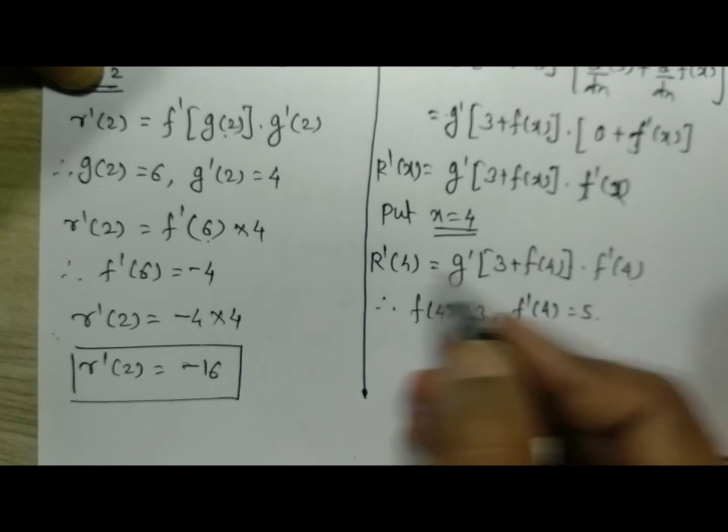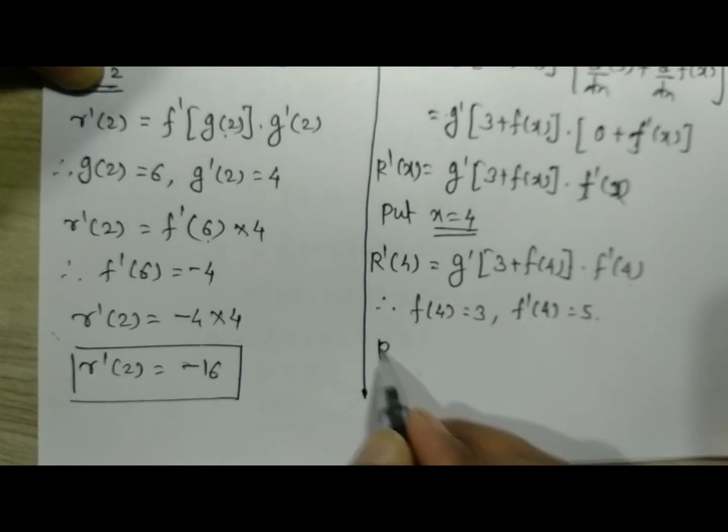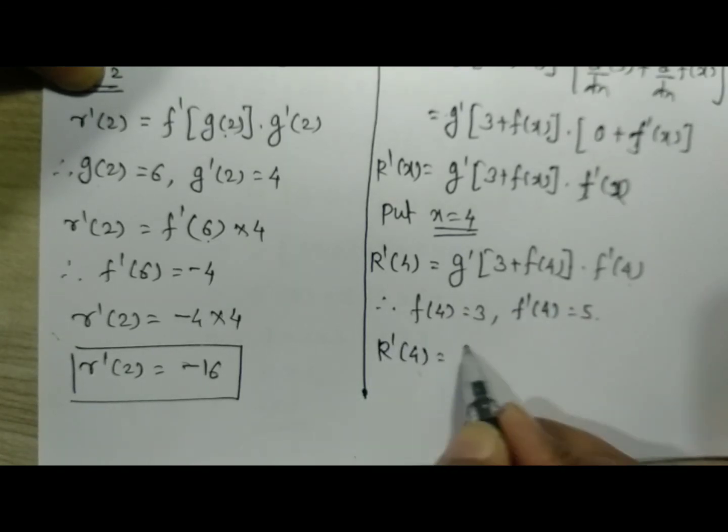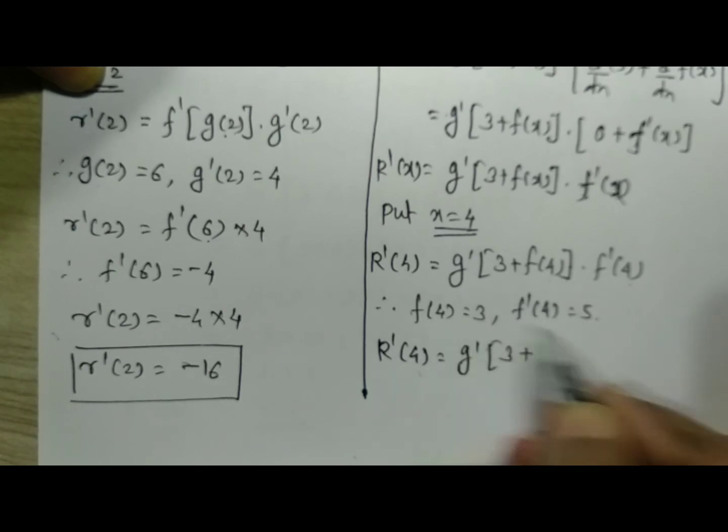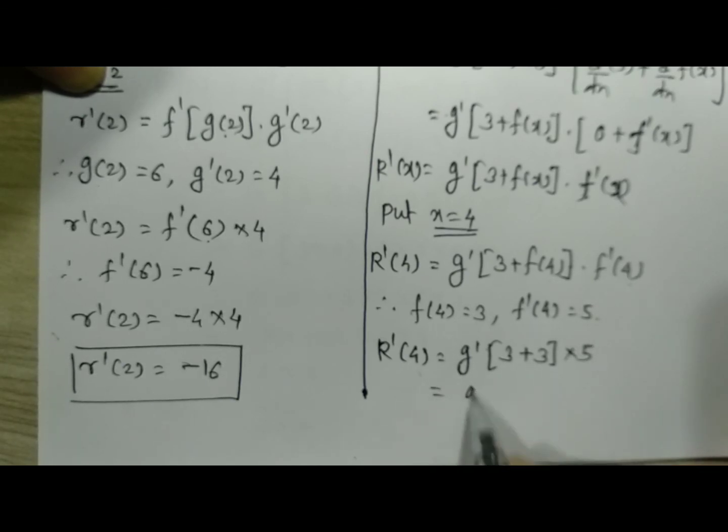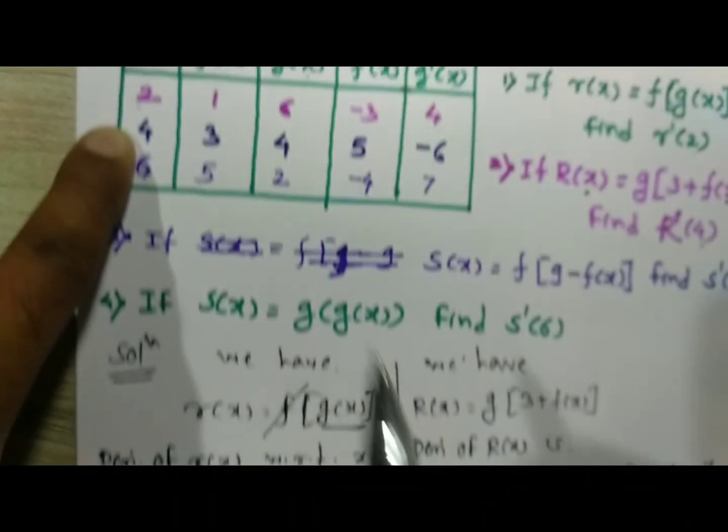And putting those values inside the derivative, you will get r dash 4 is equal to g dash 3 plus f of 4, which is equal to 3, and therefore into f dash 4, which is equal to 5, and g dash 6 is here into 5. We know that g dash 6, once again x is equal to 6, at that time what is the value of the g dash function?